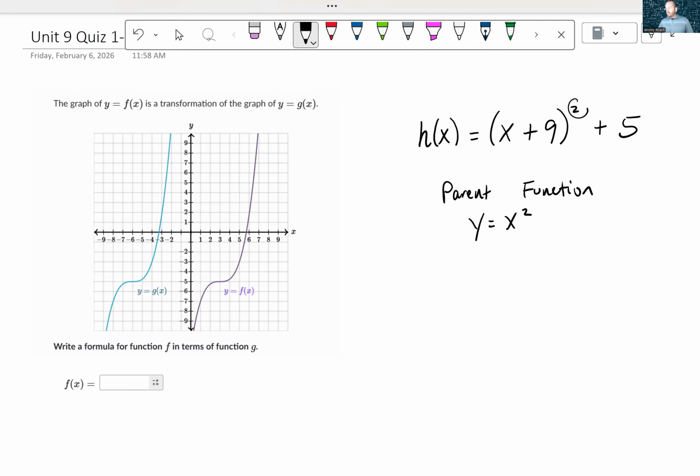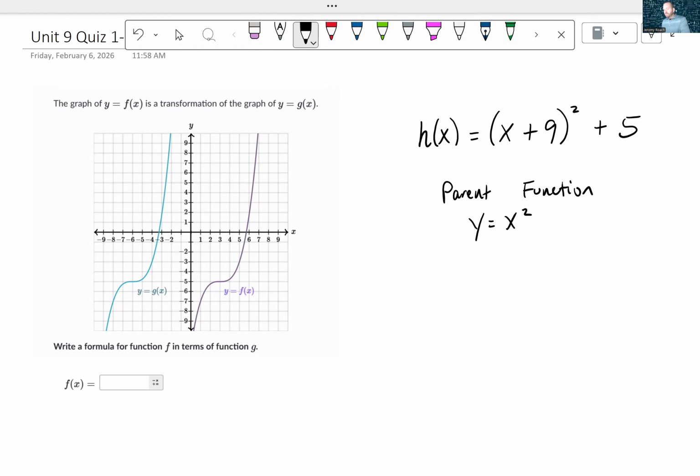And we can tell because there's a squared there and there's an x there. So when we see our parent function, then we have to figure out what's happening inside the parentheses and what's happening outside the parentheses. When we look at what's inside the parentheses next to the x, we're going to shift our function that many units in the opposite direction of what our sign is.